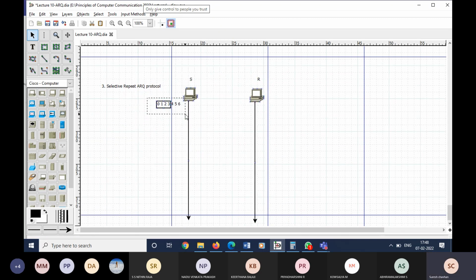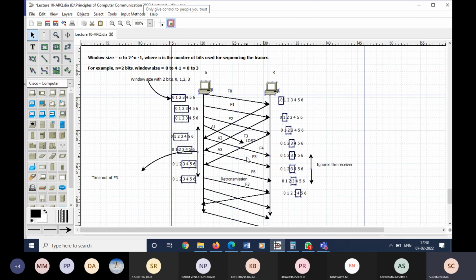So here what happens is, whatever window size the sender has, the same window size will be there at the receiver. If you keep a scenario like this, then we can solve the retransmission of F4, F5, F6.